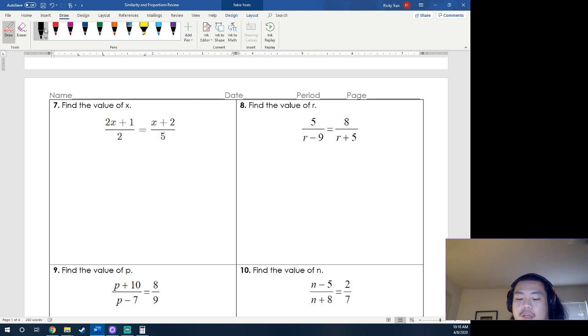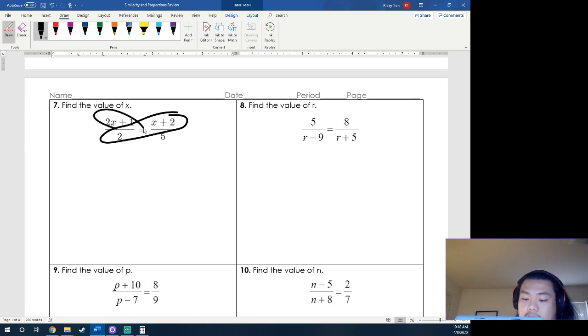All right? We're going to do some nice, easy solving of proportions, but now we have algebra involved, and we've practiced algebra on Monday, so we're going to incorporate more algebra into proportions, okay? All we're doing right now is cross multiplying.